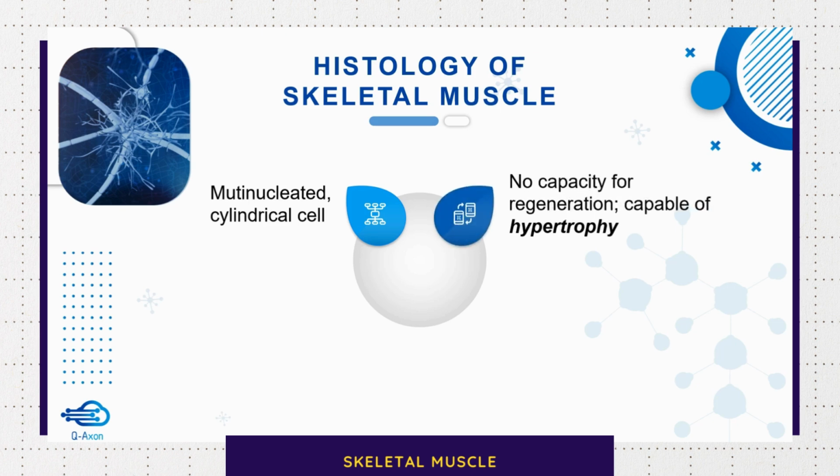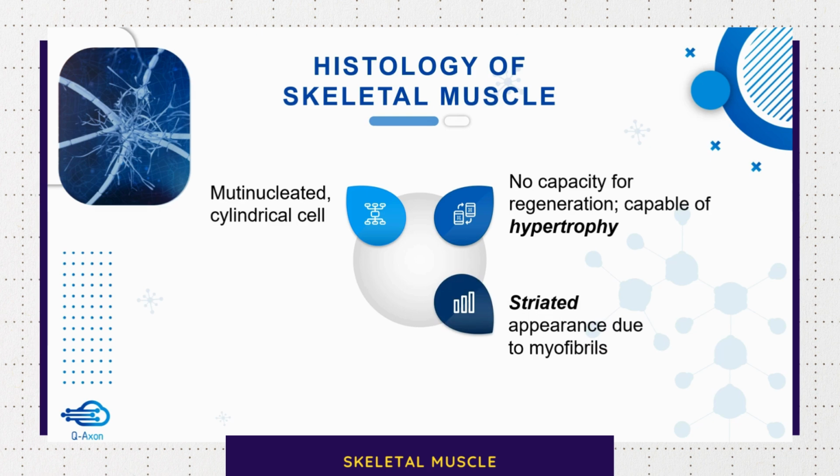Also, the skeletal muscle does not have the ability to regenerate, which means that if you lose some fibers due to some kind of a disease or muscle damage, then cell division cannot compensate for this loss. But hypertrophy can to some extent, and by hypertrophy we mean that the individual muscle fibers will increase in size but not in number.